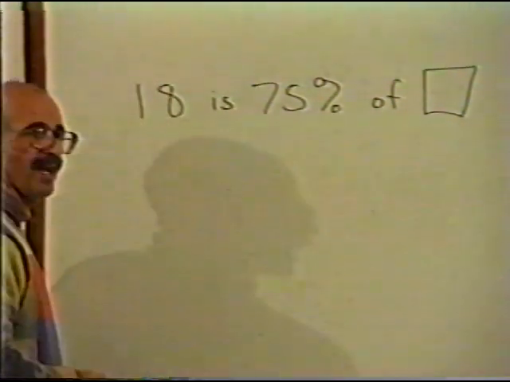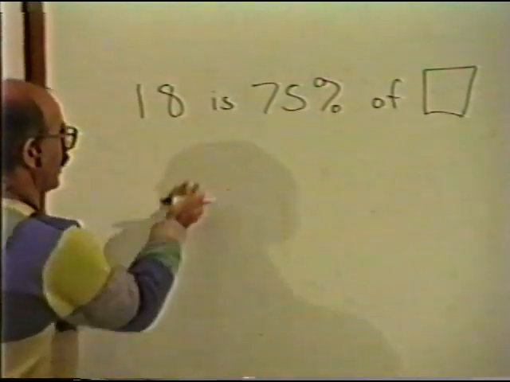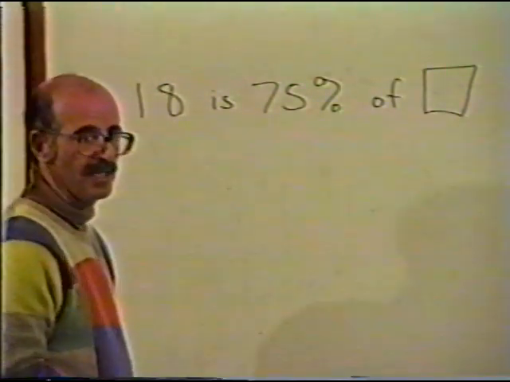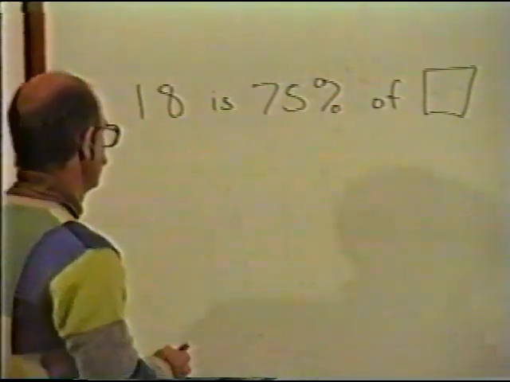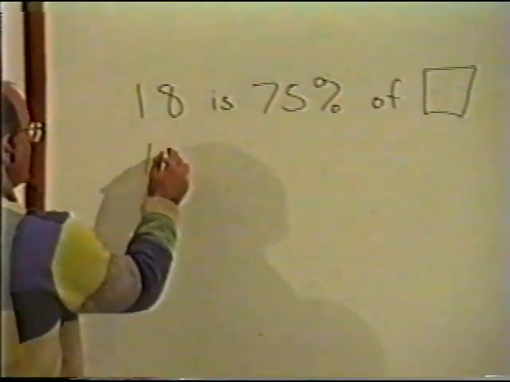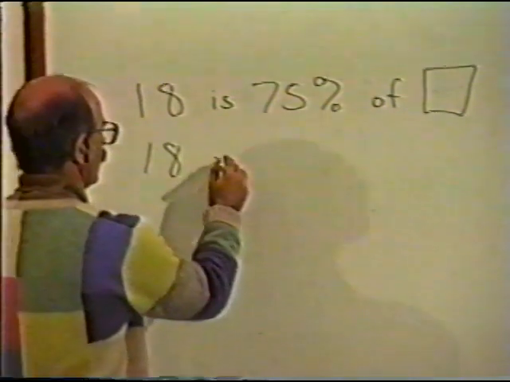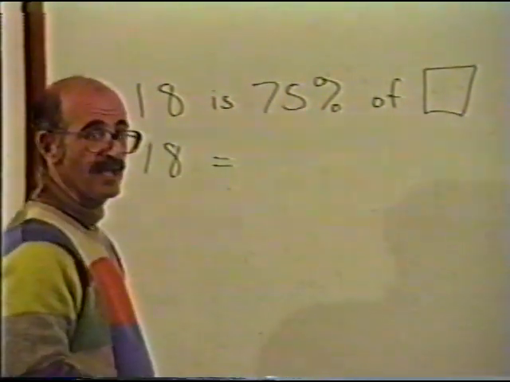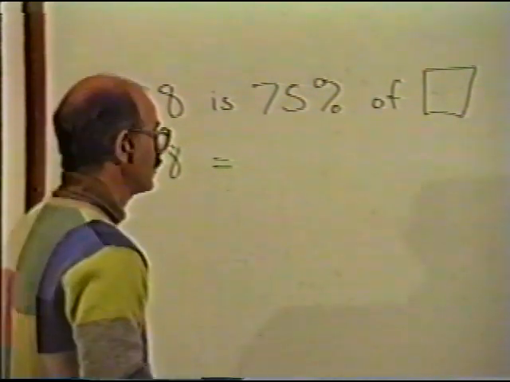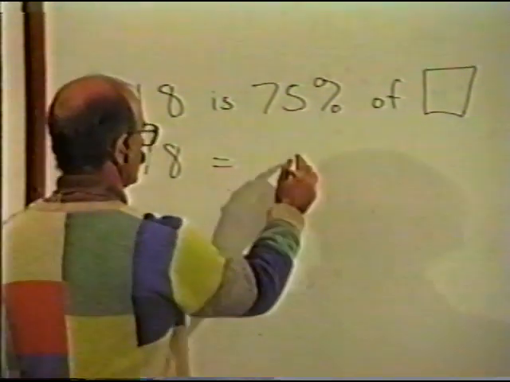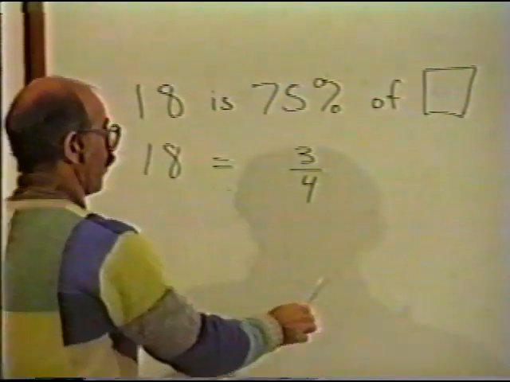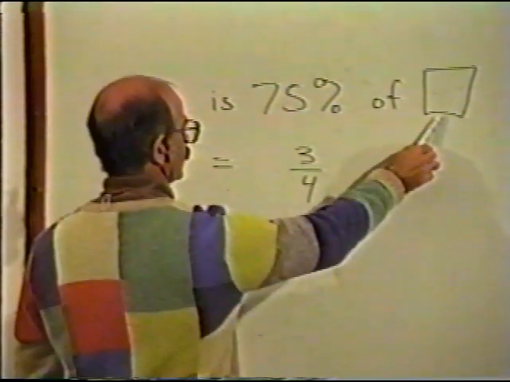Just like in type 1, we're going to bring everything down from the number sentence and make it into an equation. 18 equals, what is 75% as a fraction in lowest terms? 3/4. And what is the box?